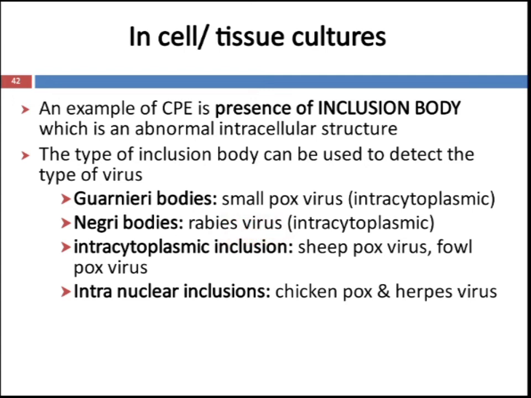And if it is intracytoplasmic inclusion, the virus may be sheep pox virus or fowl pox virus. And intranuclear inclusions, the virus may be chicken pox or herpes viruses. So these are the different methods for the cultivation of animal virus.